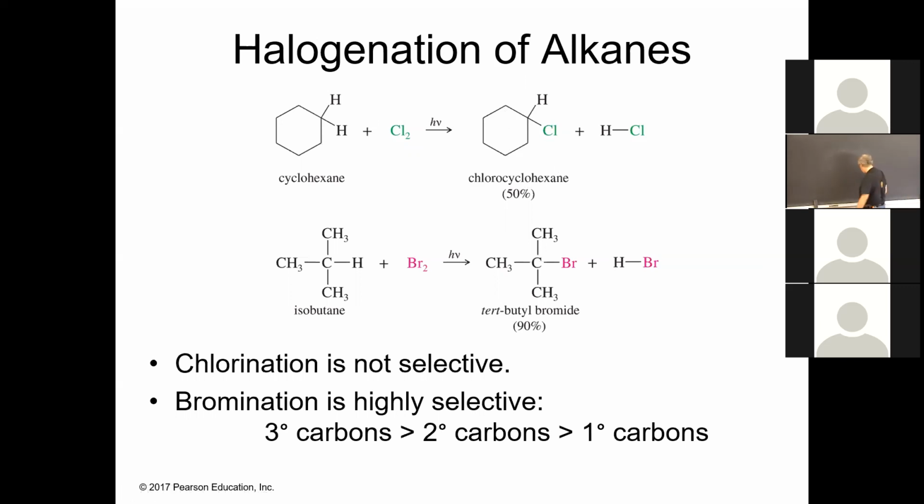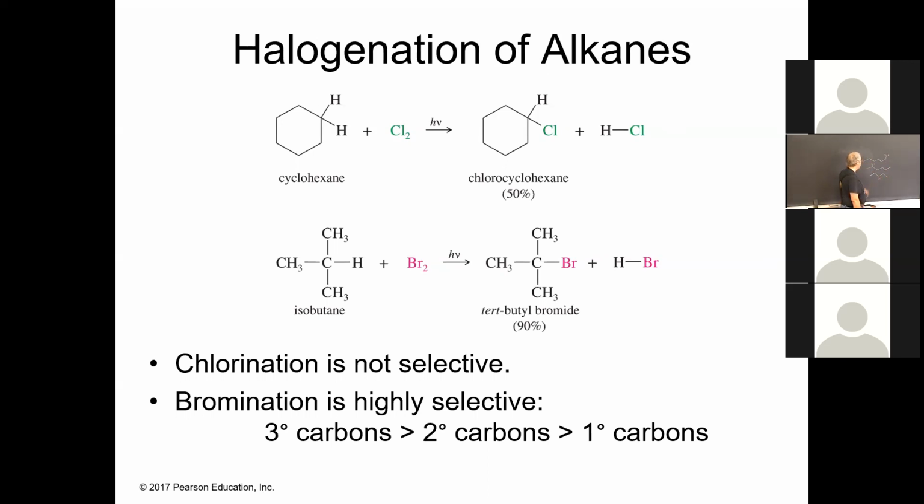Okay, on the other hand, if instead of cyclohexane we have hexane, the problem here is that we can get 1-chlorohexane, we can get 2-chlorohexane, we can get 3-chlorohexane.